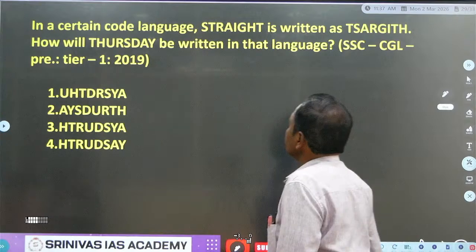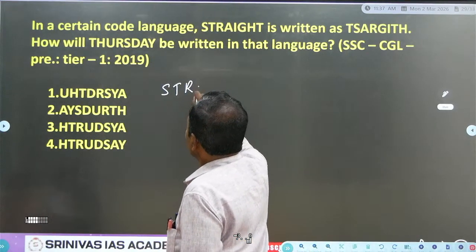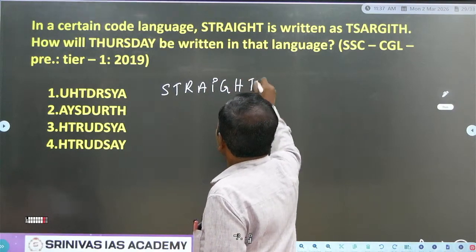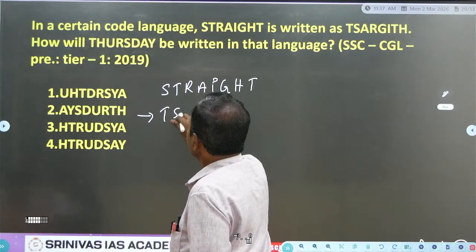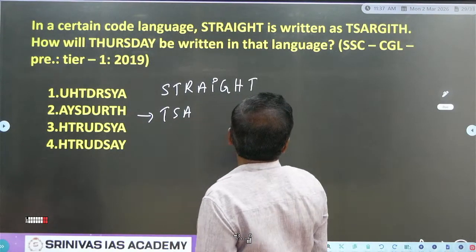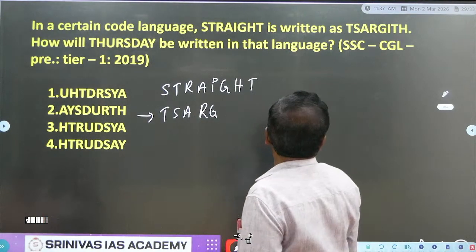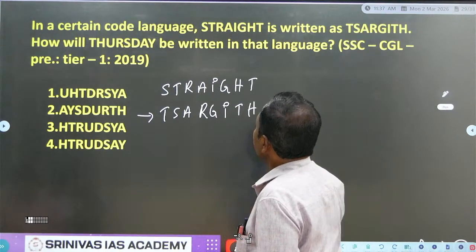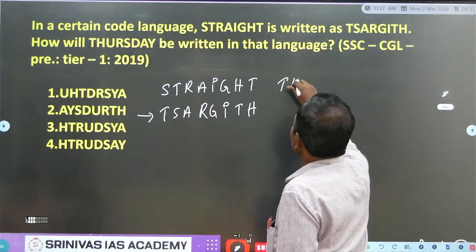Now STRAIGHT is written as TSARGIHT. How will THURSDAY be written in that language?